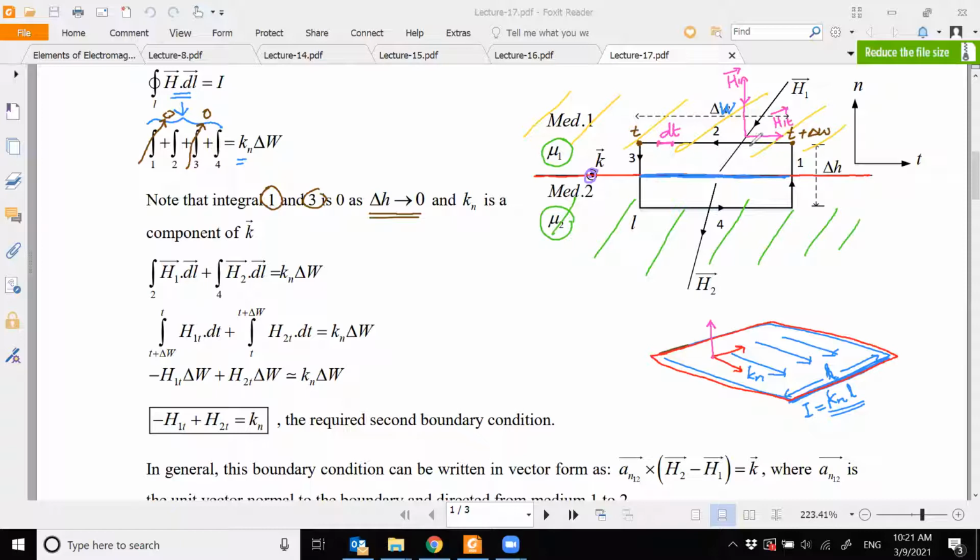So only H1 tangential component will exist when you dot product H1, because this is parallel to our line integration.